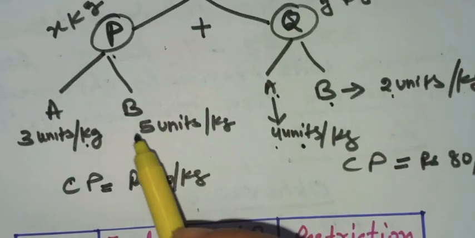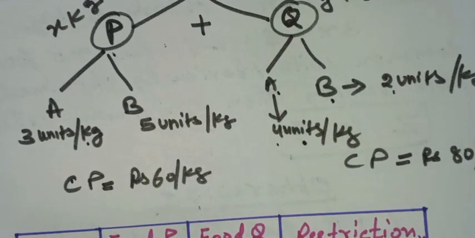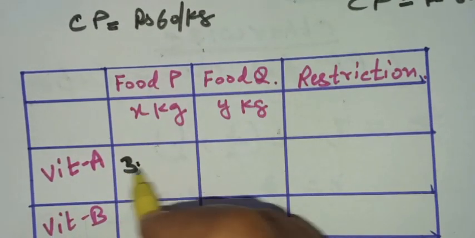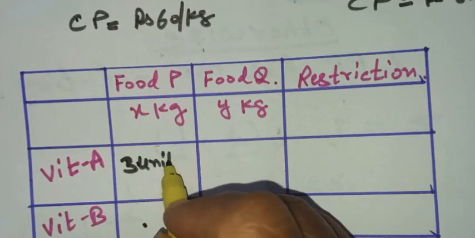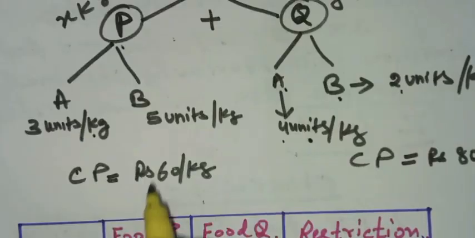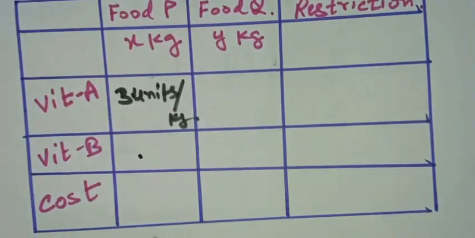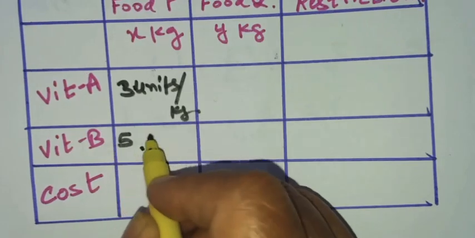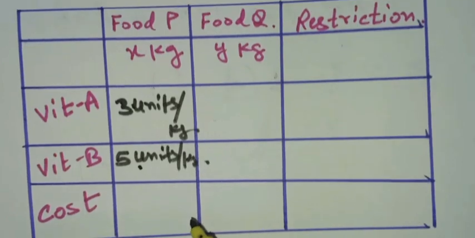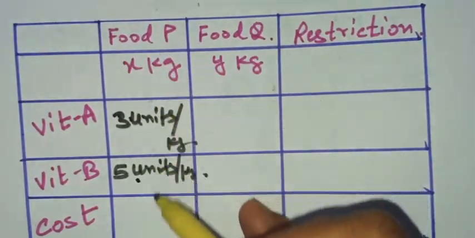According to the question, food P contains 3 units of vitamin A per kg, so I write 3 units per kg here, and food P also contains 5 units per kg of vitamin B. So in the vitamin B column I write 5 units per kg.